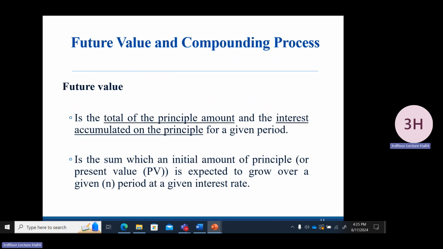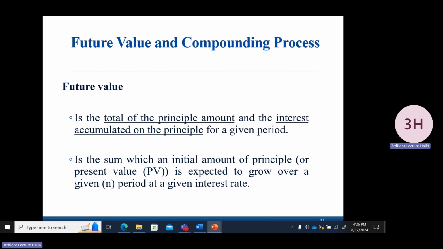So our formula is now, we are applying the formula. Our formula is future value for any n period is equal to present value into 1 plus R into the power n.